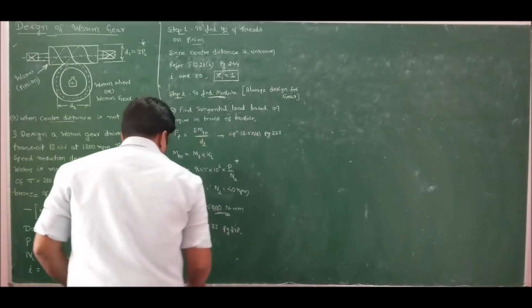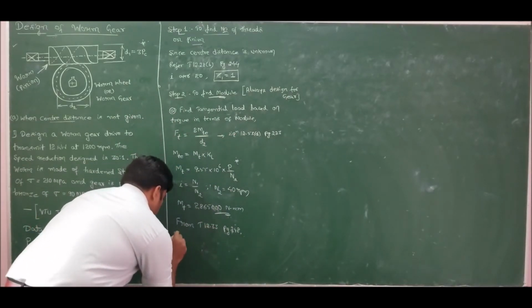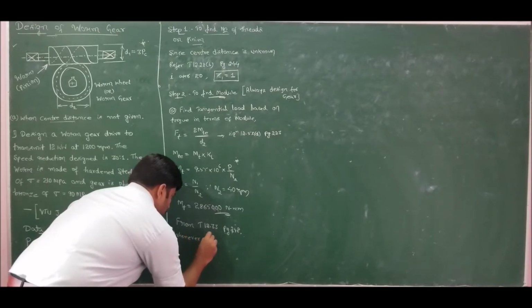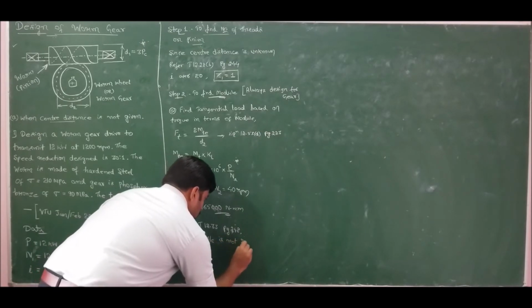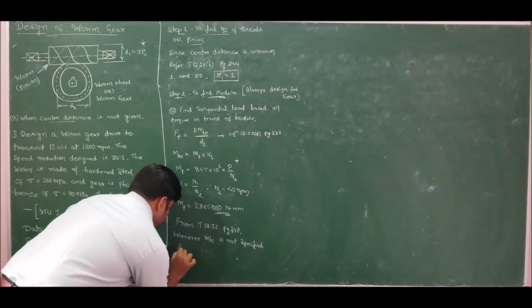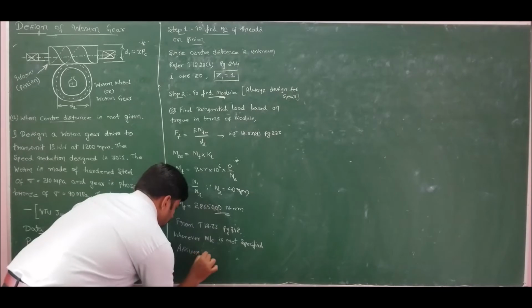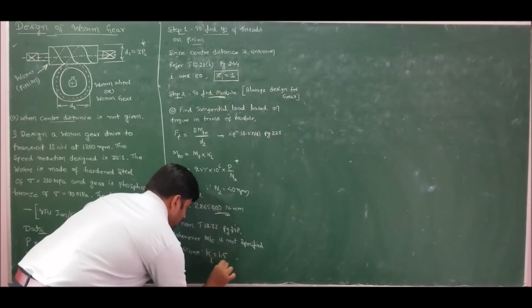So whenever machinery is not specified, always assume the load factor KL as 1.5.